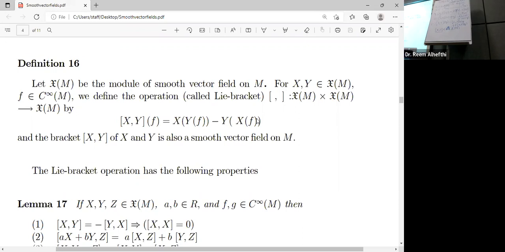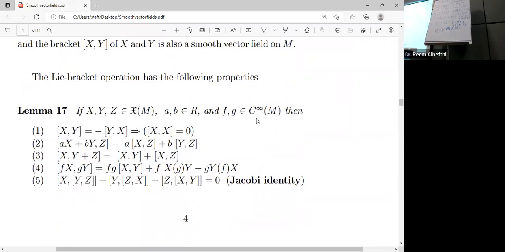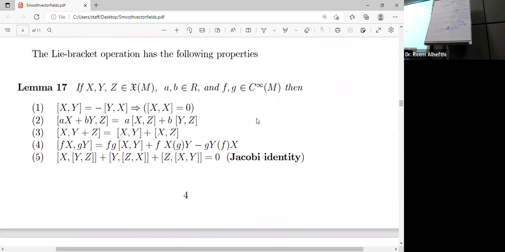Now, what happens? You have the Lie bracket of two vector fields, and this Lie bracket satisfies the properties given in Lemma 17. If you have three vector fields X, Y, Z, two real numbers a, b, and two smooth functions f, g, then the bracket, first, is skew symmetric.